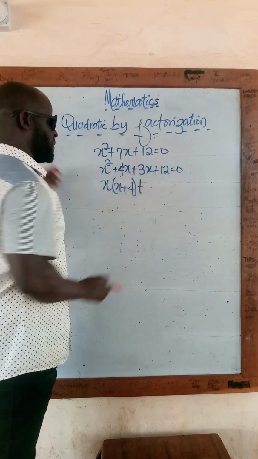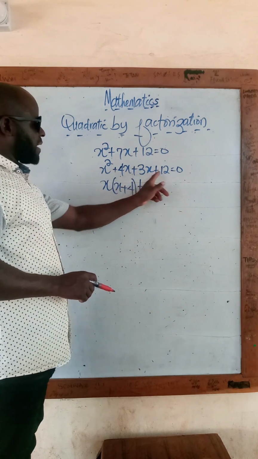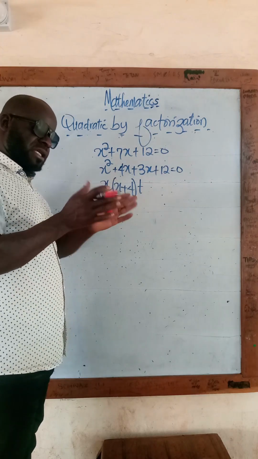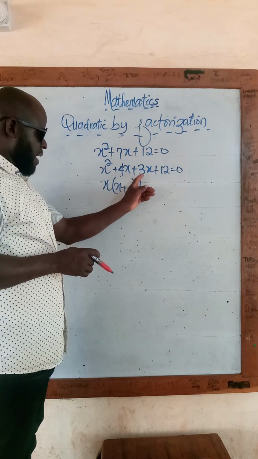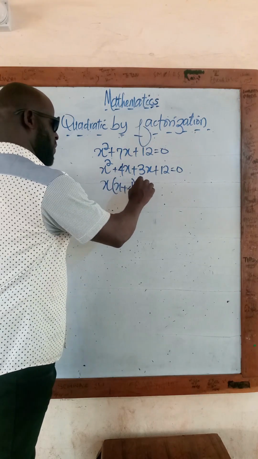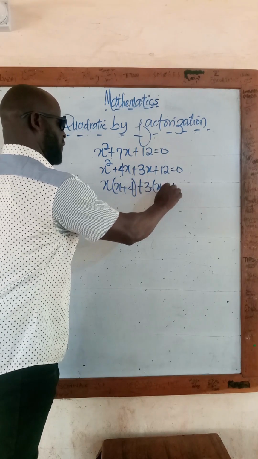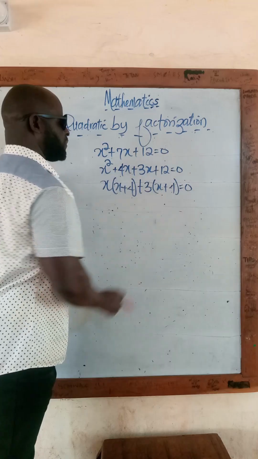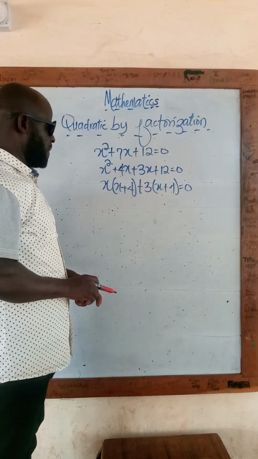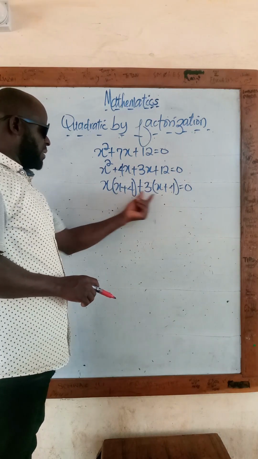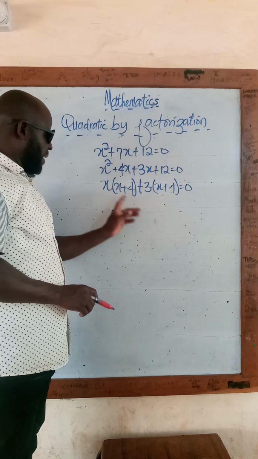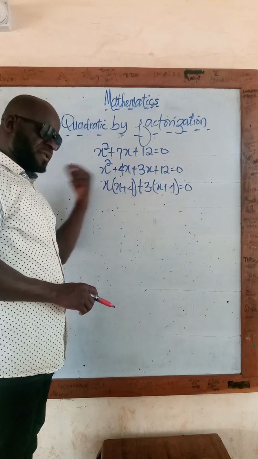Then plus, between 3x and 12, what do you think is common? I think it's 3, right? So you pull out 3. This is 3 into x plus 4, equals 0. Now, this bracket and this are the same, but the x and 3 are left outside.